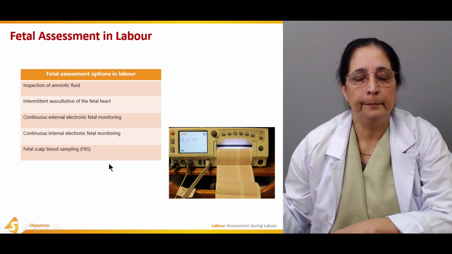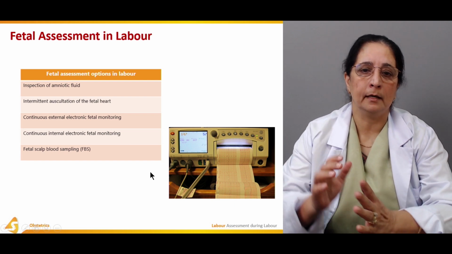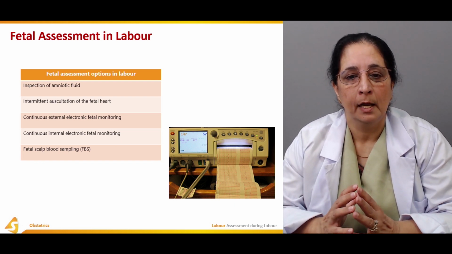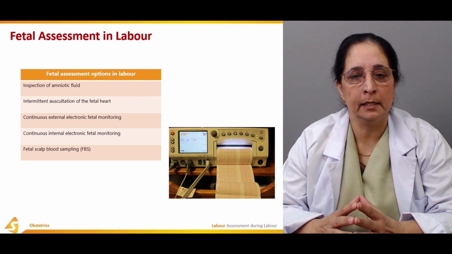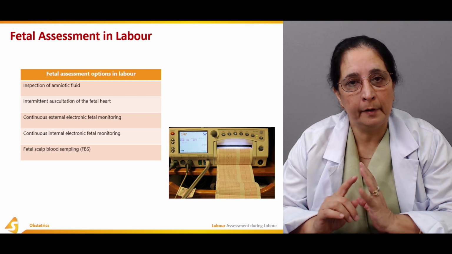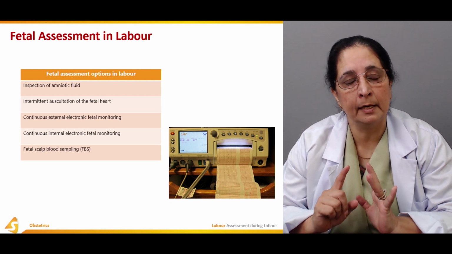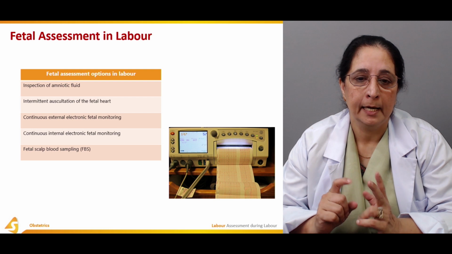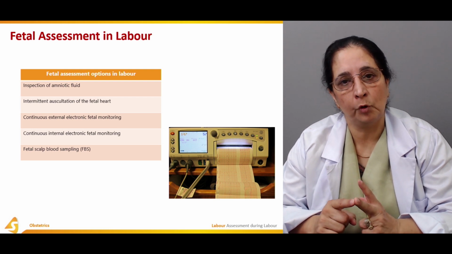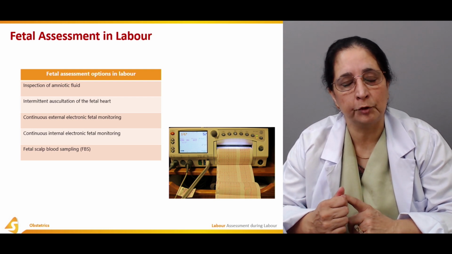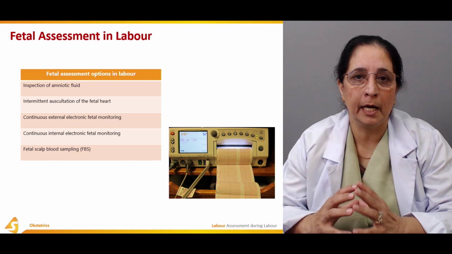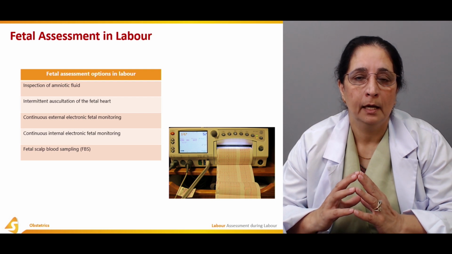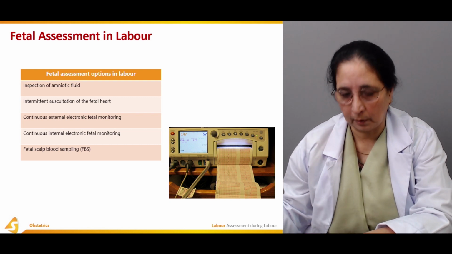Fetal scalp blood sampling. So all these are very important factors in the assessment of the fetus in the process of the labor. Amniotic fluid assessment, heart rate assessment, internal electronic monitoring, external electronic monitoring give a good idea of the fetal well-being and fetal assessment. So all these should be followed.